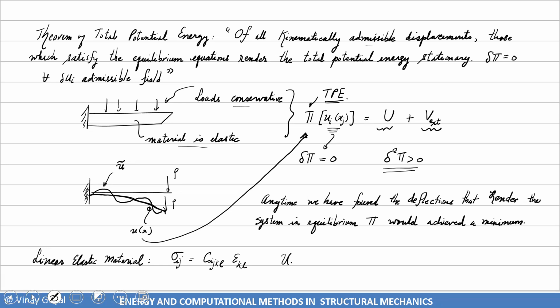The strain energy for this system is 1/2 sigma_ij epsilon_ij, or the area under the curve. Because you have to write pi in terms of U when you use the total potential energy, you have to write 1/2 and then write it in this way. So U becomes that for a 3D body of material, for the fully anisotropic case.